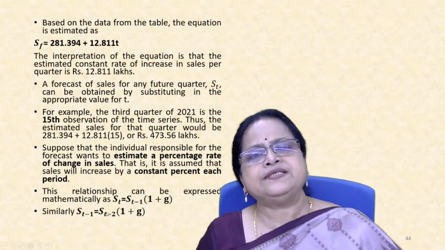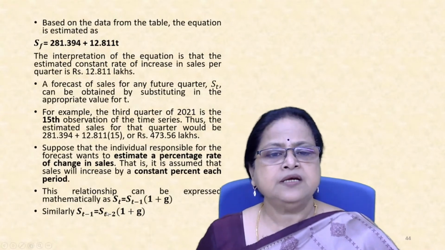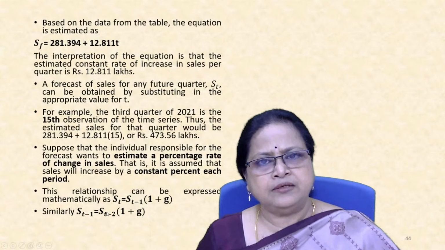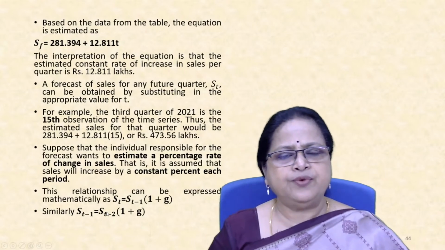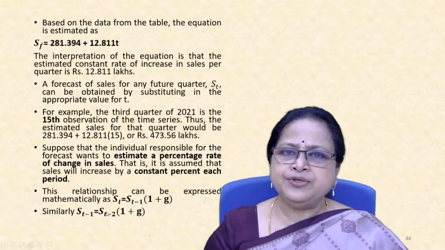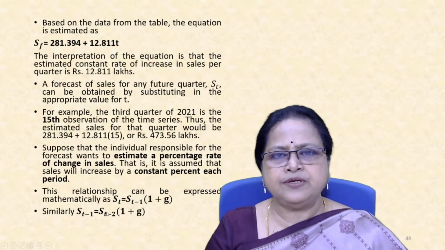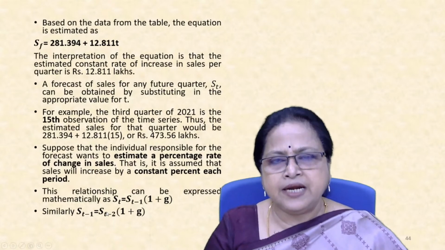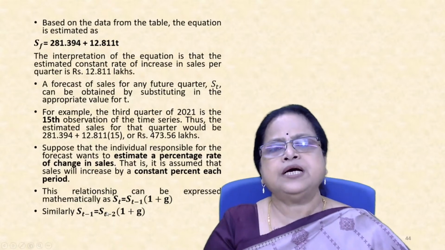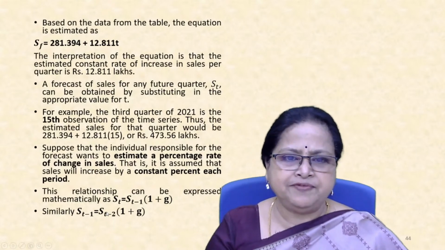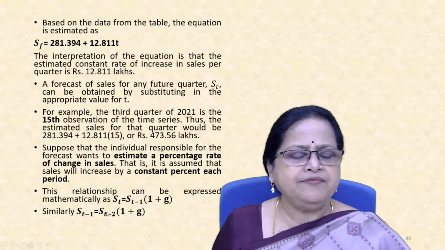But suppose we want to forecast the third quarter of 2021. Then what will happen? 2020 quarter 4 is the 12th. 2021 first quarter is 13, 2021 second quarter is 14, 2021 third quarter is 15. So our t value will be 15.